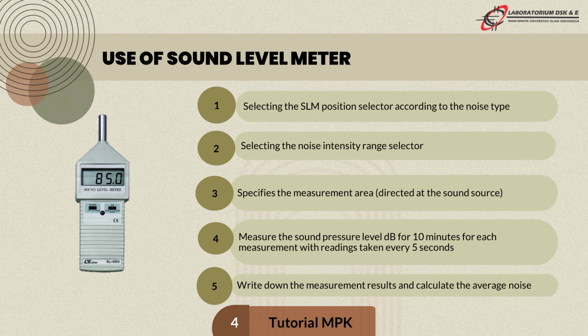Fourth, measure sound pressure level decibel A for 10 minutes for each measurement, with recordings performed every 5 seconds. Then for the last, write the measurement result and calculate the average noise.